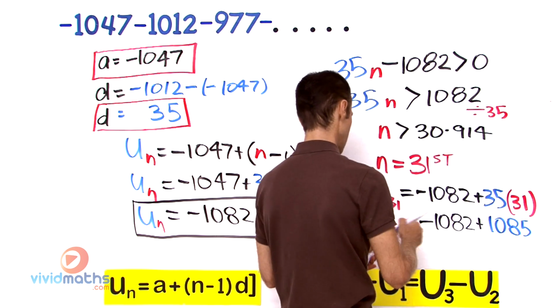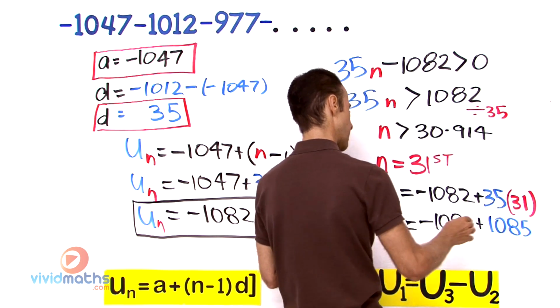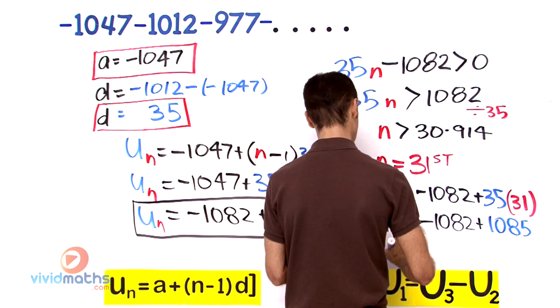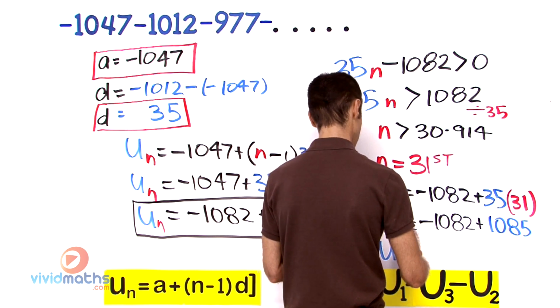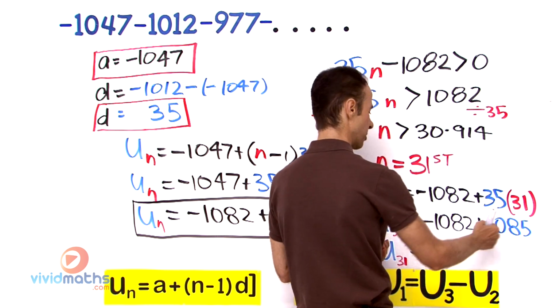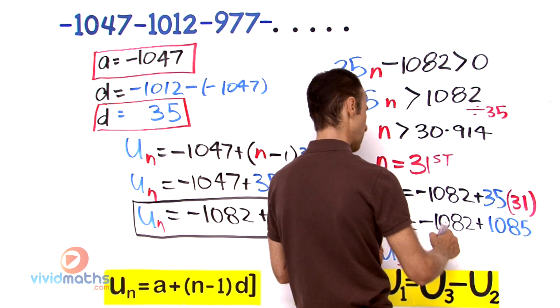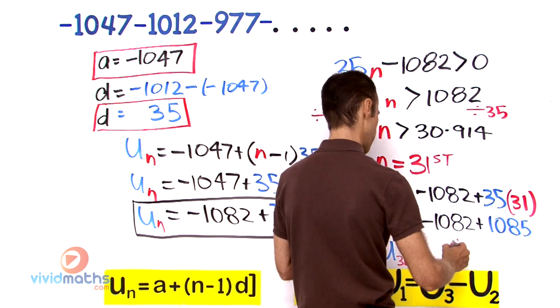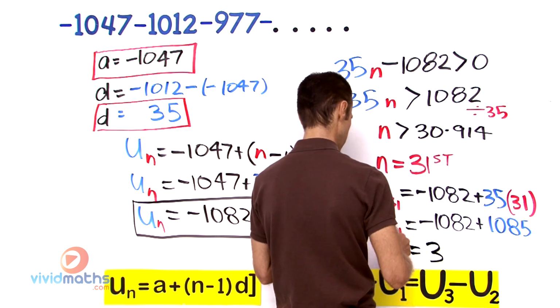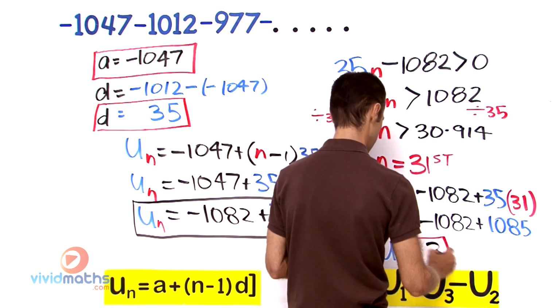Now that's a bigger number than 1082. So u_31 equals 1085 minus 1082, which is 3. There's our value right over there. Let me put a box around that.